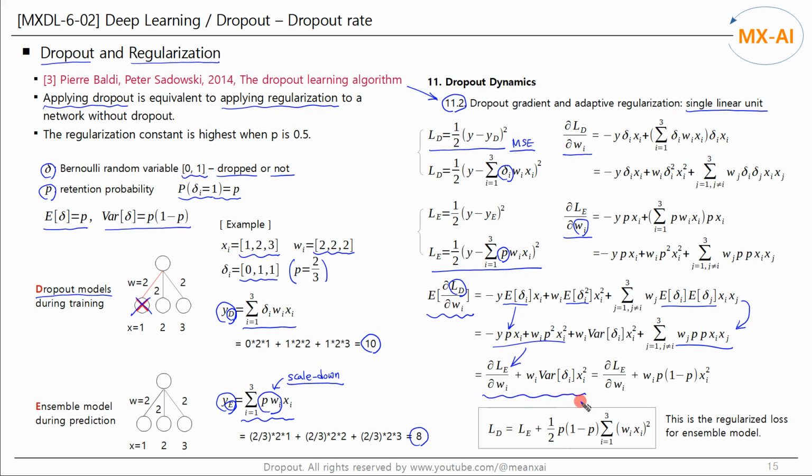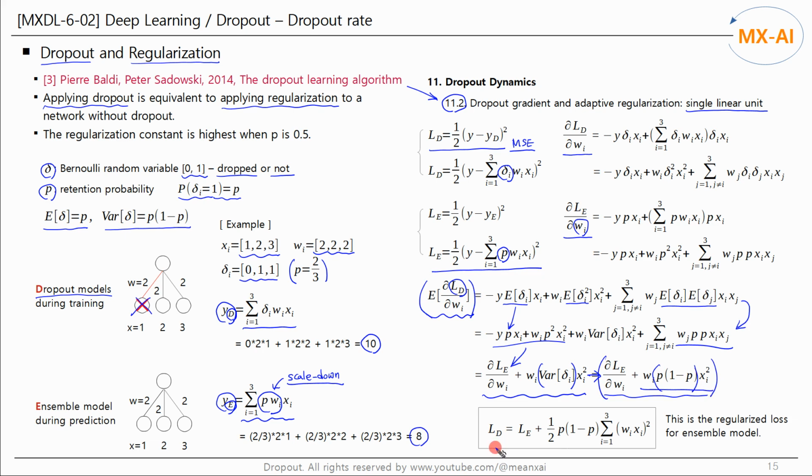And since the variance of delta is P times 1 minus P, we can write this equation as follows. The right-hand side is equivalent to adding a regularization term to the gradient of the ensemble loss. The expectation of the gradient with dropout becomes the gradient of the regularized ensemble loss.